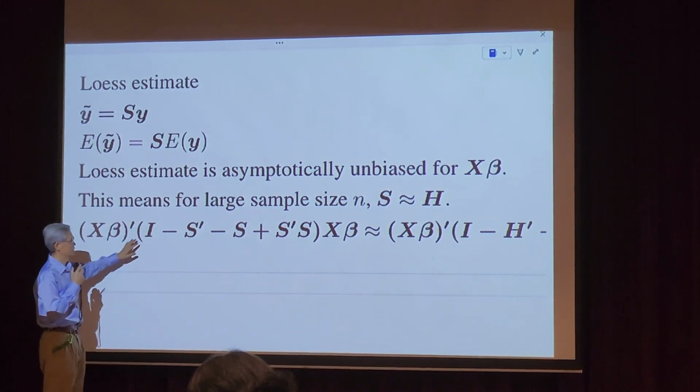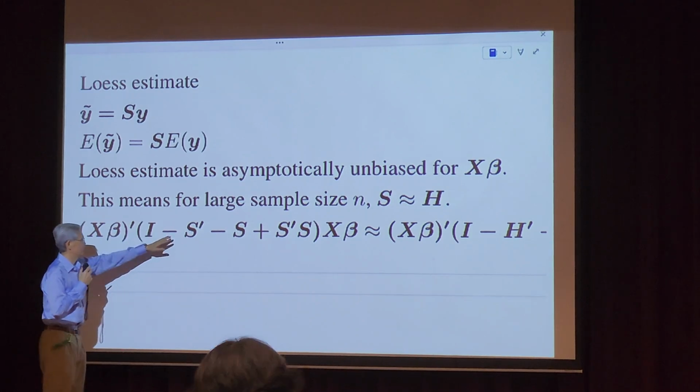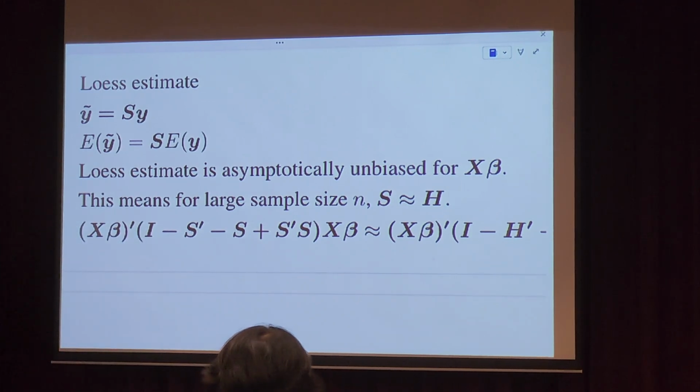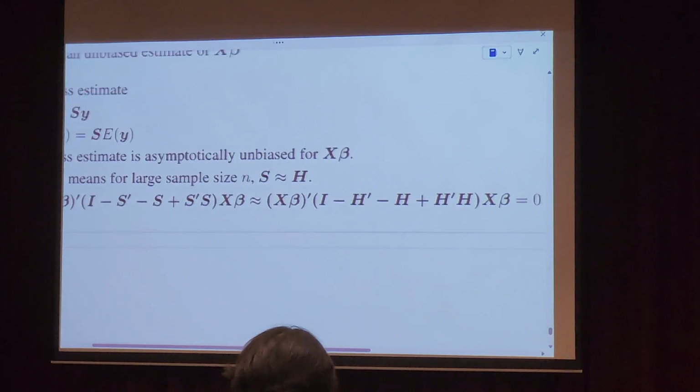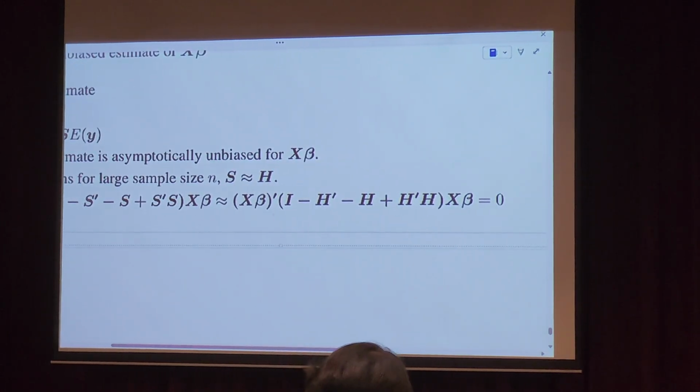And so, if you replace this matrix S by H, replace all the S by H, then this part will turn out to be 0.